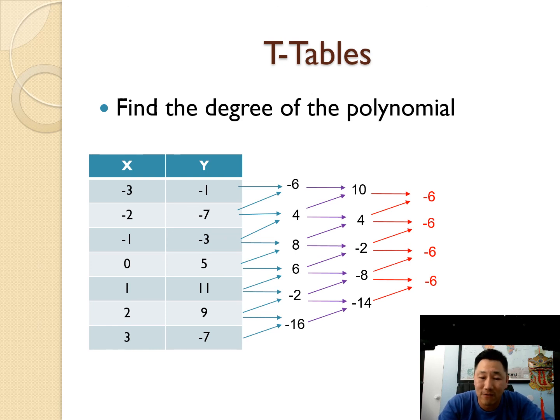Their third difference. So we had to do this 3 times to get them to be the same. So that tells us that the degree for this polynomial is going to be x to the third power, just because we had to do it 3 times. All right, so that's kind of fun.